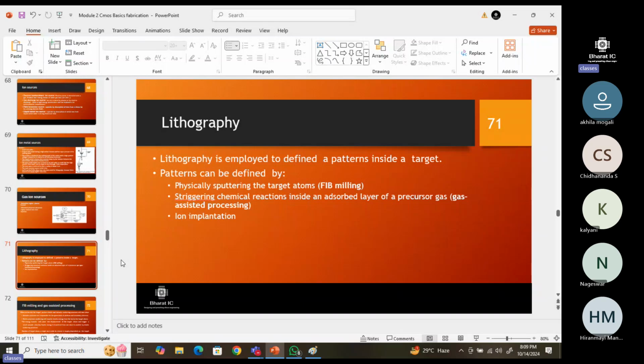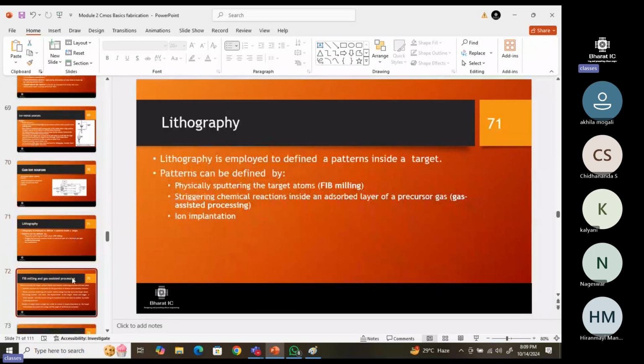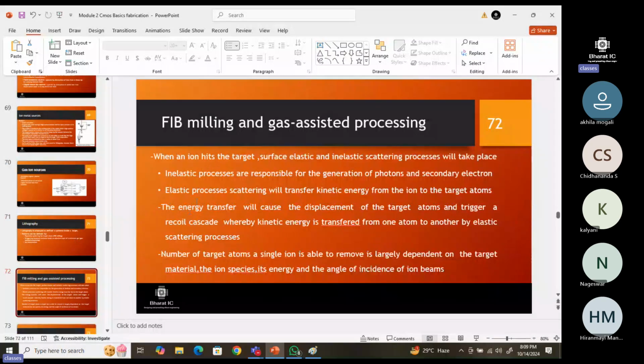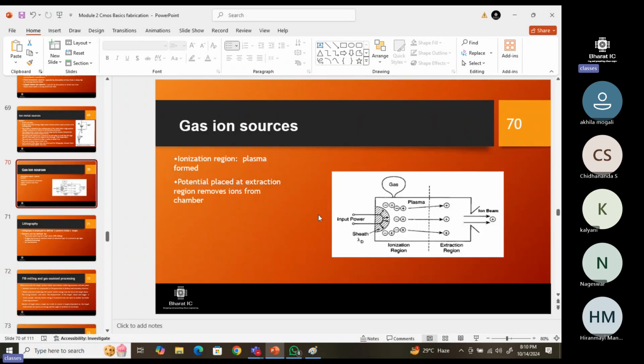That's not a big thing. See, if you see these topics, these terms you might have heard when you were in class 12 or in first year university physics. You have heard of angle of incidence, atoms, scattering of ion, then making this kind of plasma devices. You have heard these things at that time.